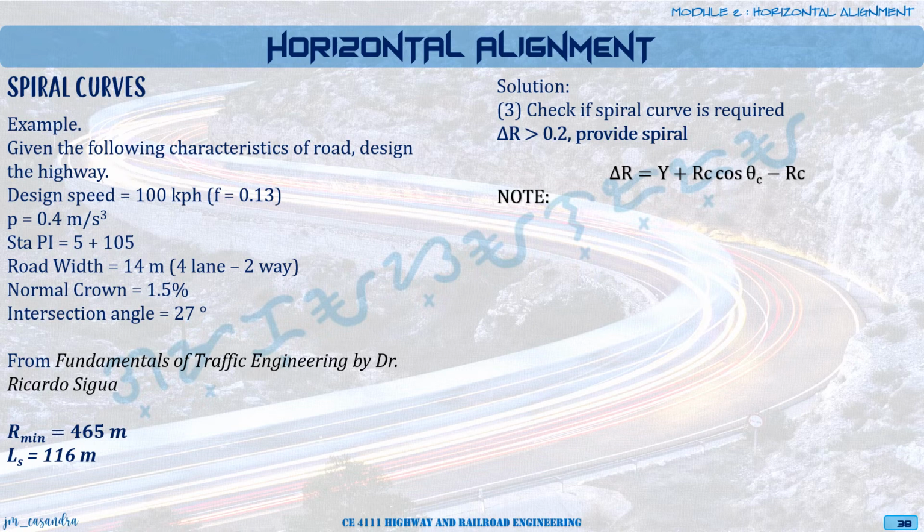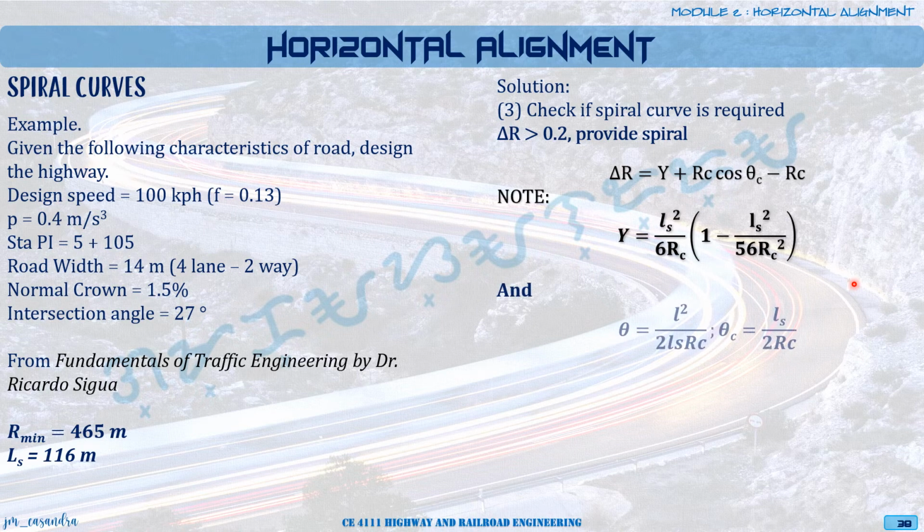And the equation now for y is given by this equation, ls squared over 6RC times 1 minus ls squared divided by the quantity 56RC squared. And for our theta, it's equivalent to L squared divided by 2ls RC. And for theta C, it's equal to ls divided by 2RC.